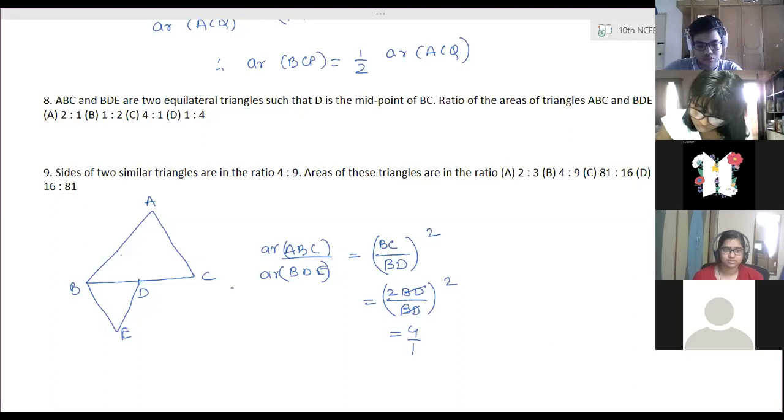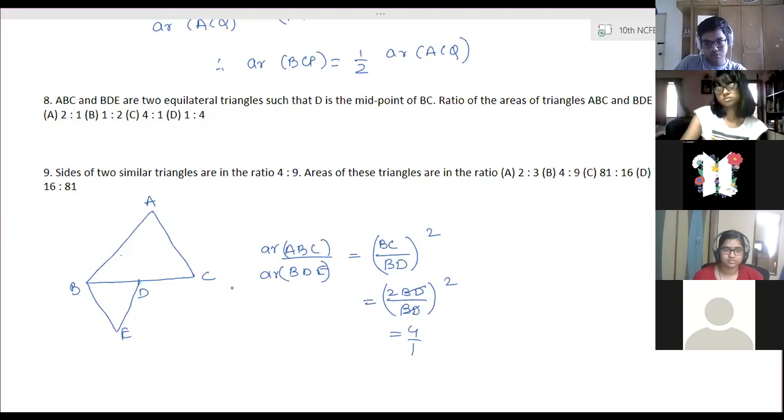Your homework? 7.5 RD Sharma. You have to solve till 10, right? So you have to finish 11 to 25. But in that, 16 and 19, I will solve.